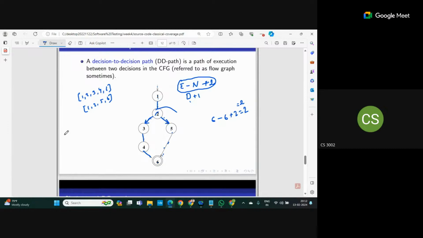Suppose I give a criteria, like I have nodes 1 2 3 4, right? So if you go for node coverage, then your sufficient path will be like 1 3 2 4, right?